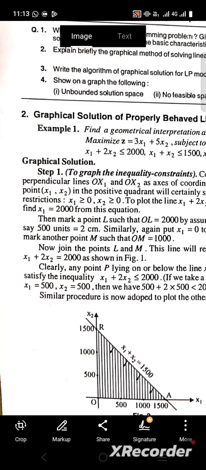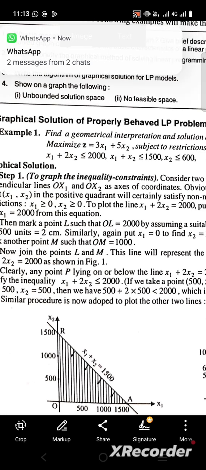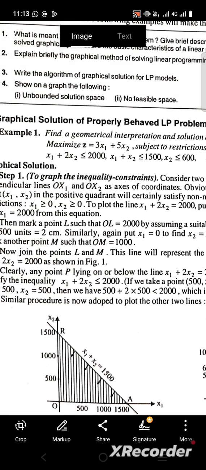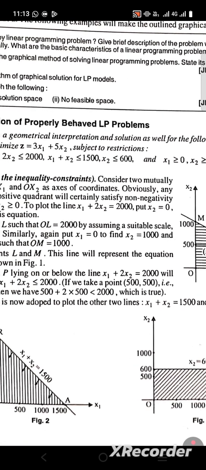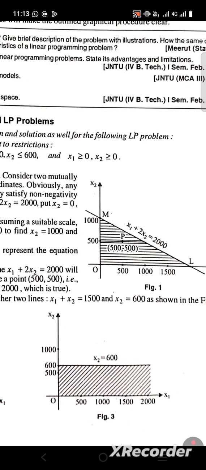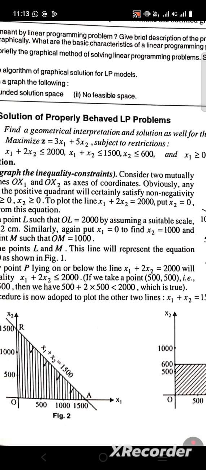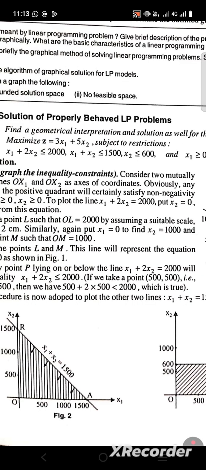Step first is to graph the inequality constraints. Consider two mutually perpendicular lines OX1 and OX2, which are the axes of coordinates.